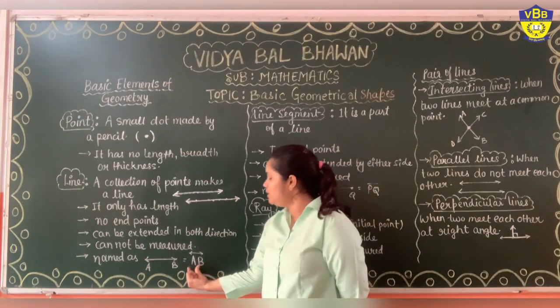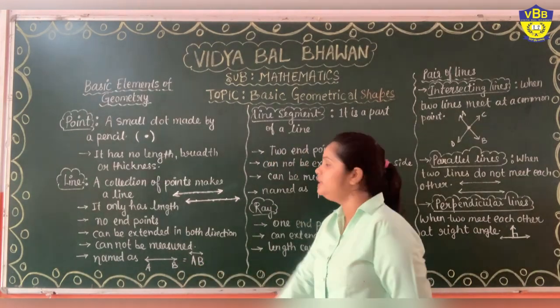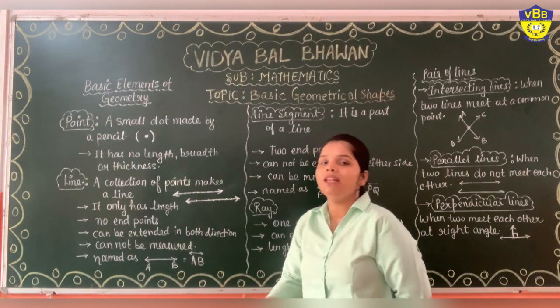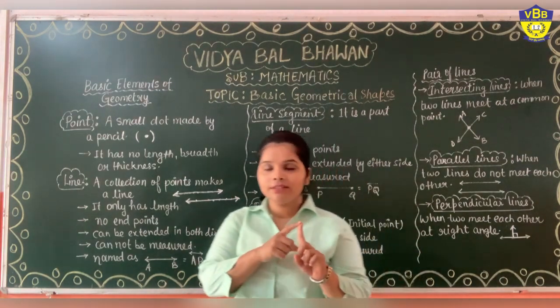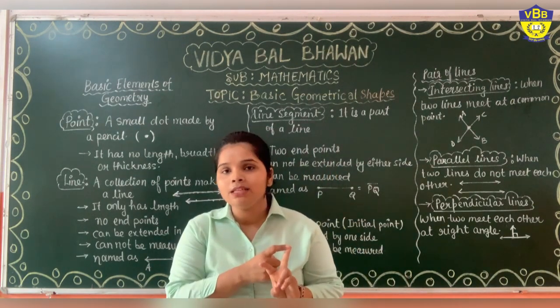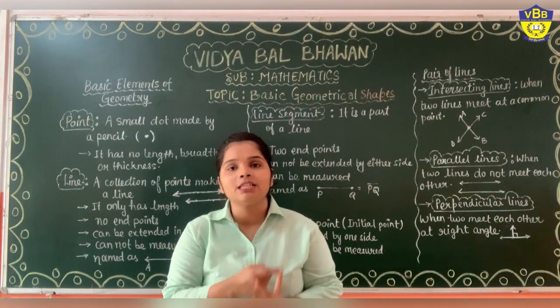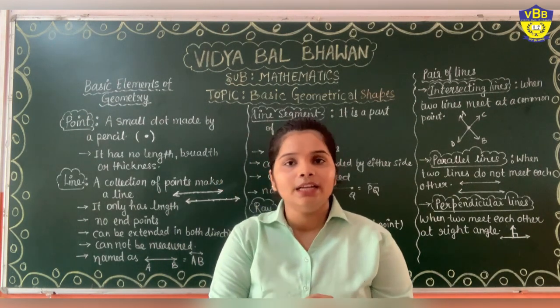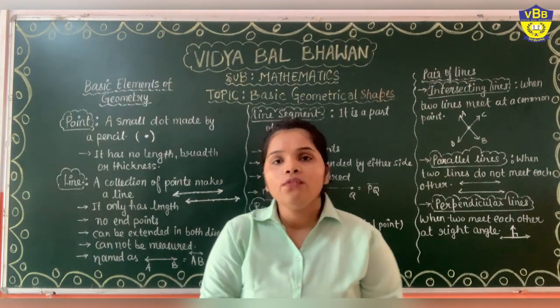This is how we name a line. A line has no endpoints. It cannot be measured because it can be extended from both sides. It has no fixed length.